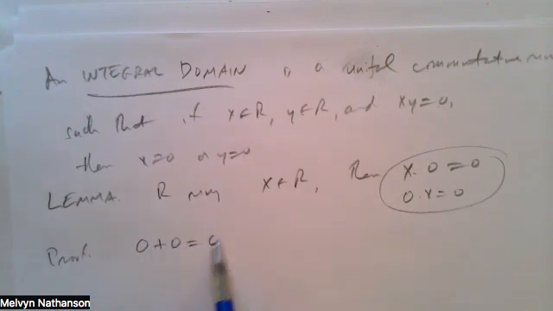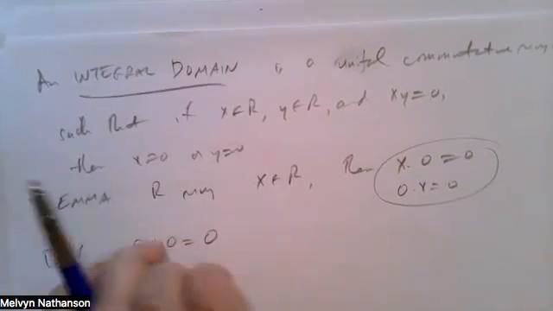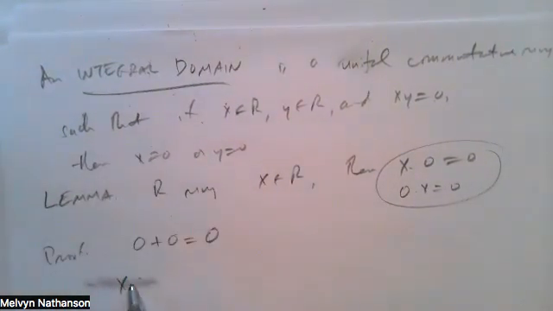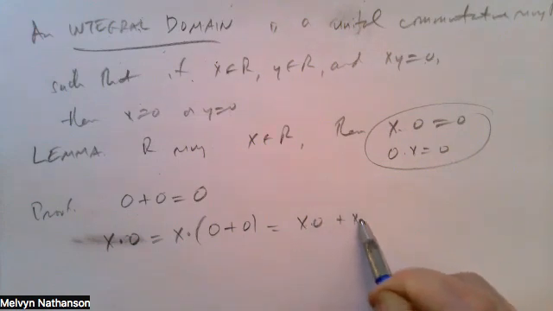0 plus 0 equals 0. So x times 0 is the same as x times 0 plus 0, because 0 plus 0 equals 0. And by the distributive law, this is x times 0 plus x times 0.